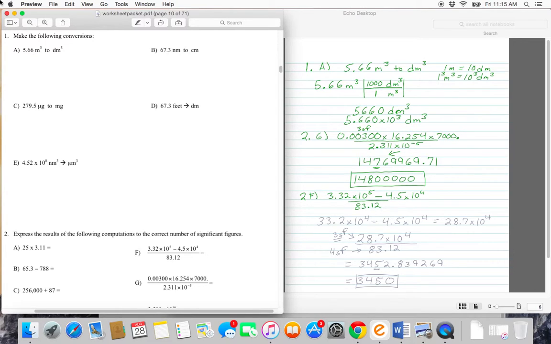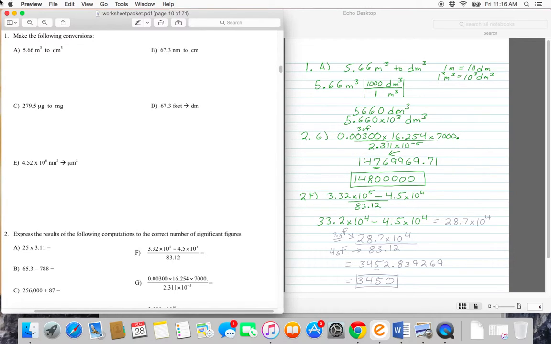So we can make this number 33.2 times 10 to the 4th power minus 4.5 times 10 to the 4th power. That will then allow us to do a direct subtraction and our exponent will not change.